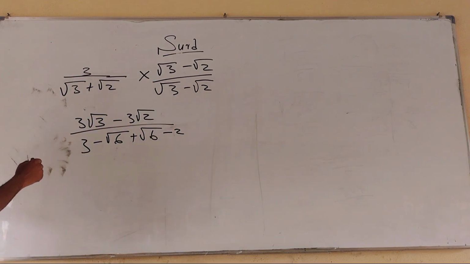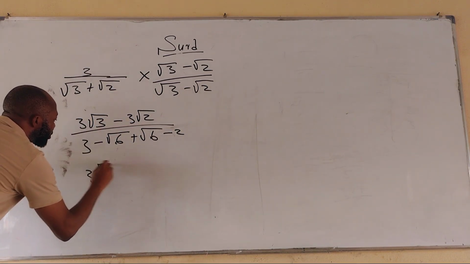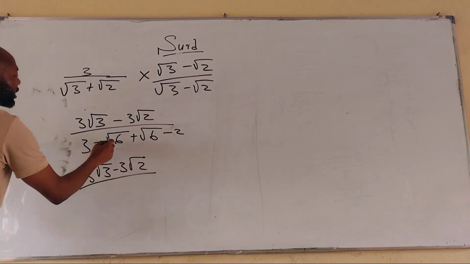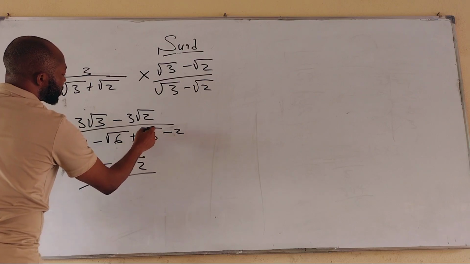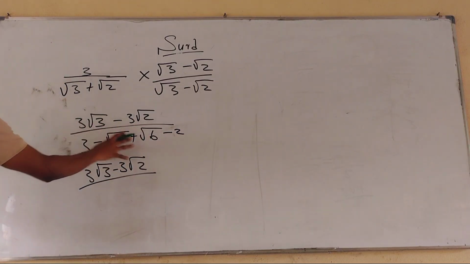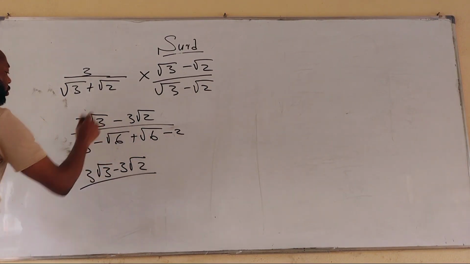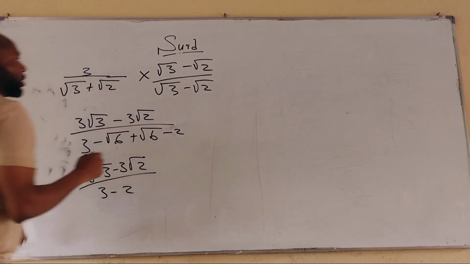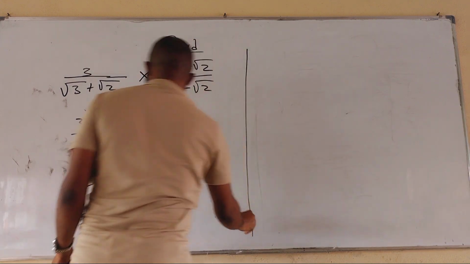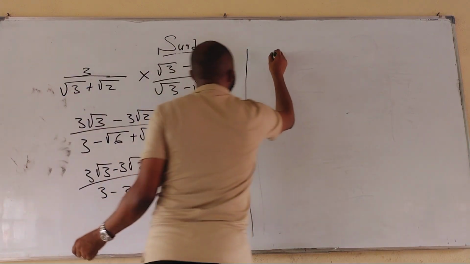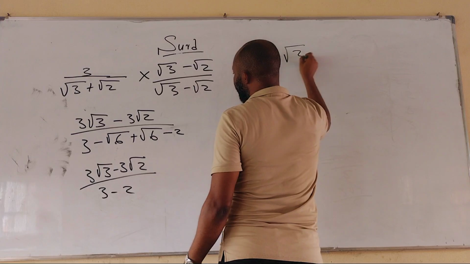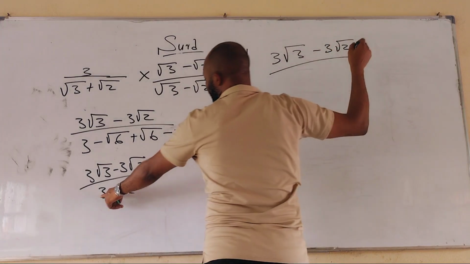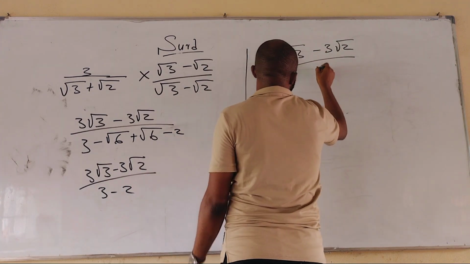Now we move on. This is 3 root 3 minus 3 root 2 over 3 minus root 6 plus root 6 minus 2. Minus root 6 and plus root 6 are the same, so they cancel. So I have 3 root 3 minus 3 root 2 over 3 minus 2, which is 1.